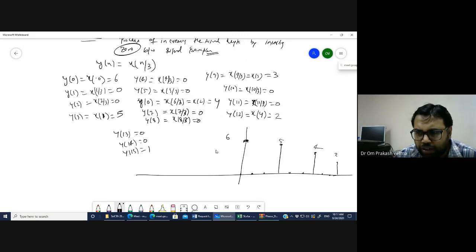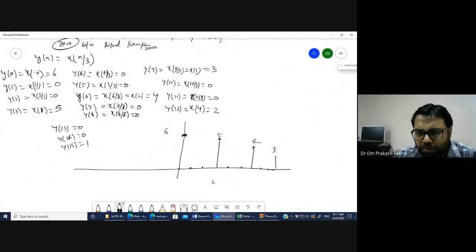This is a 4, this is 3, then 0, then 0, then 2, then 0, then 0, then 2. And then 0, then 0, then 1. And the rest are 0.